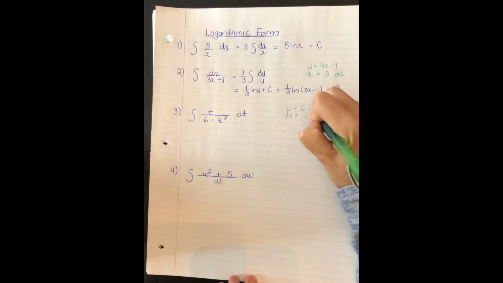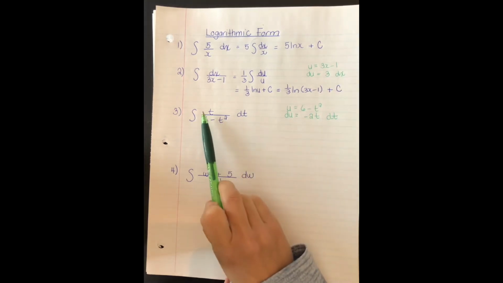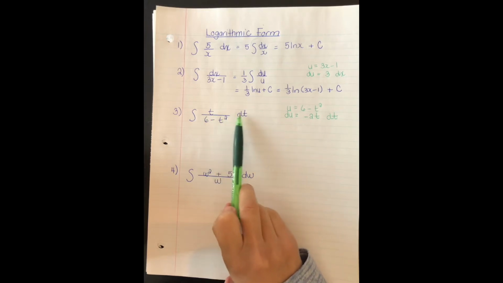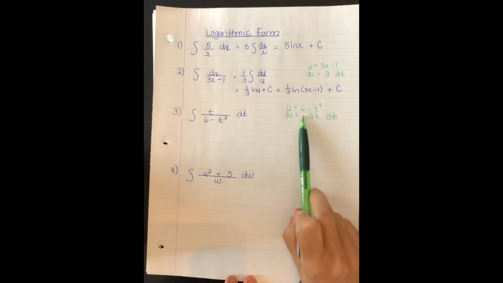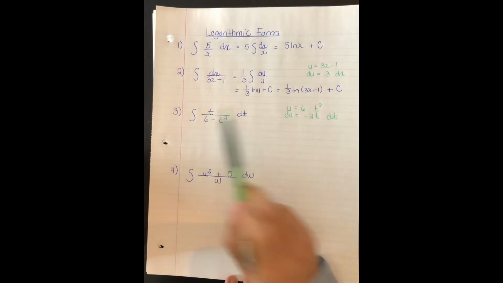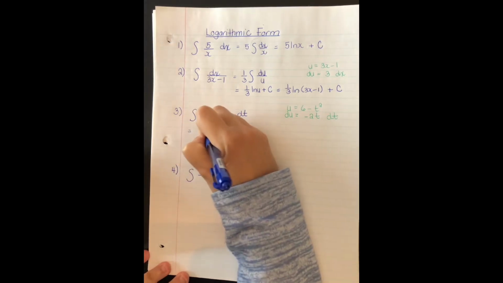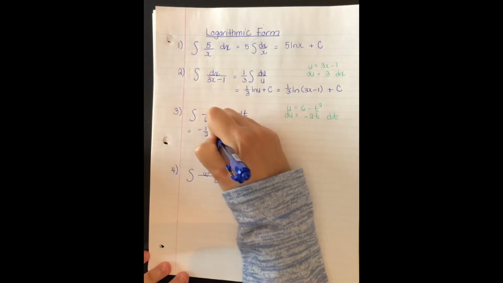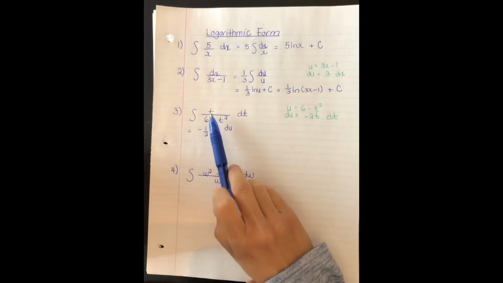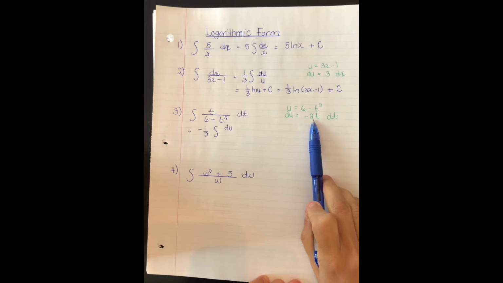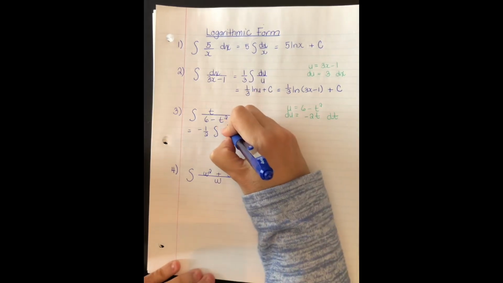So du is negative 2t. Do we have a multiple of that up top? In fact, we do. We have t. Here we have negative 2t. So we have negative 1/2 of du in the top. Okay, so because we have t and not negative 2t, we have negative 1/2 of the du in the top.